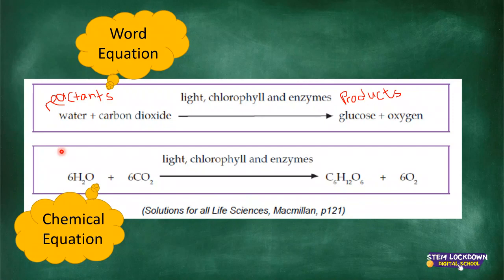In photosynthesis, we have our reactants and our products. Our reactants are water and carbon dioxide, which need light, chlorophyll, and enzymes. In turn, the products they give us are glucose and oxygen. And this is the chemical equation for photosynthesis.